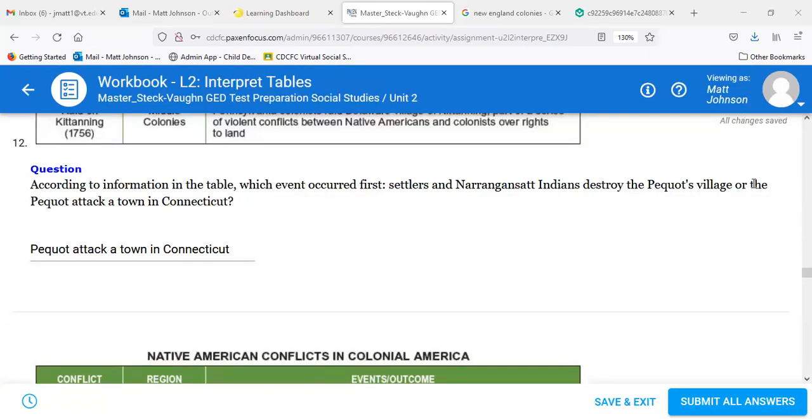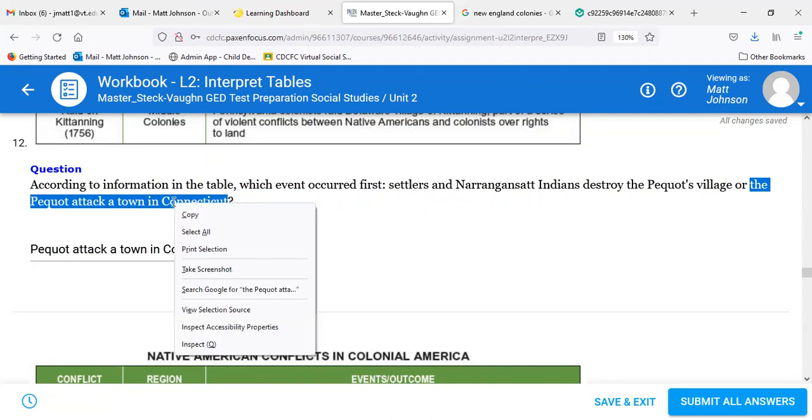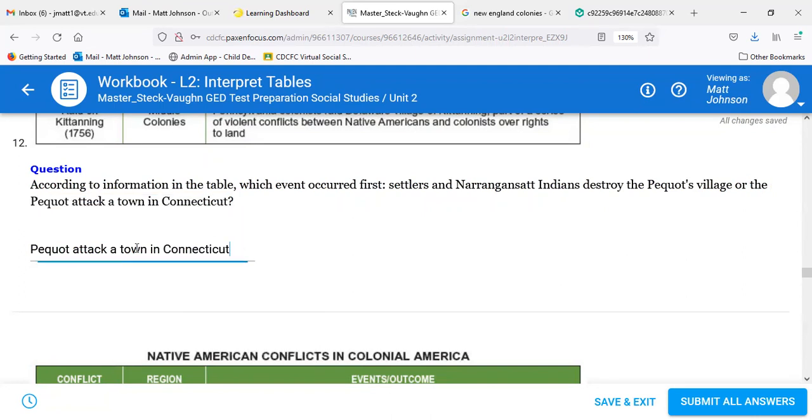I don't know if you can copy and paste on this. I'll back that out and see if it'll let me copy and paste. Yeah, okay. So the Pequot attack a town in Connecticut. All right, that's number 12.